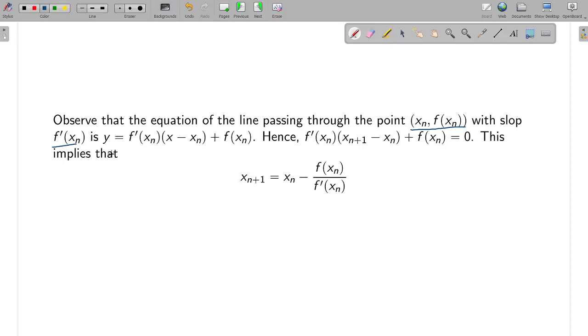Using the slope-point form, this would be y equals f prime at xn times x minus xn, plus f of xn. And we want to find xn plus 1. So let me draw it here.